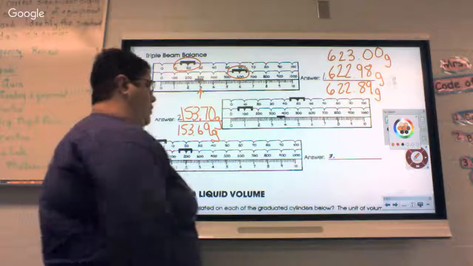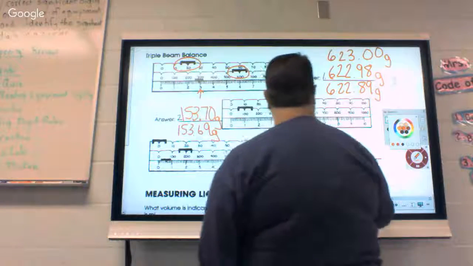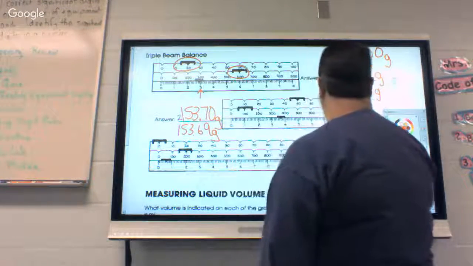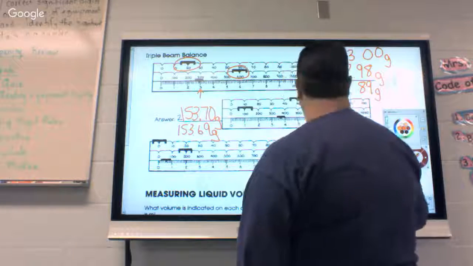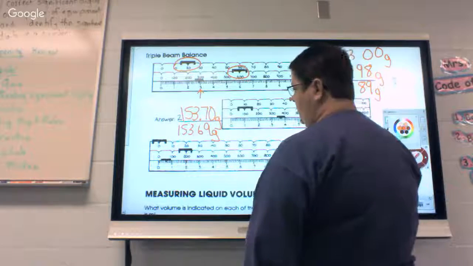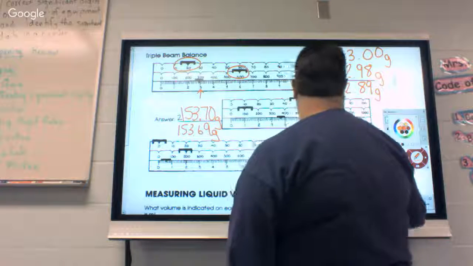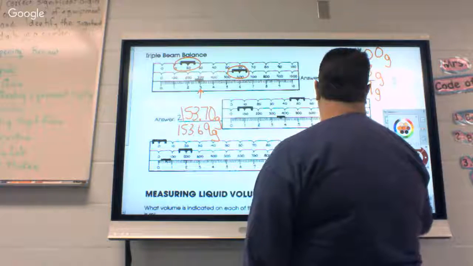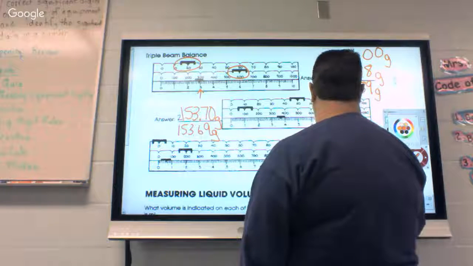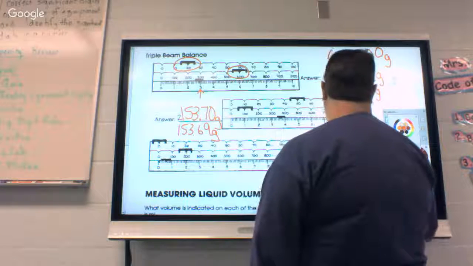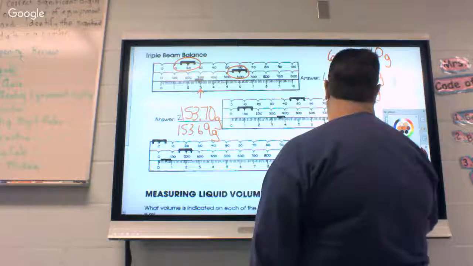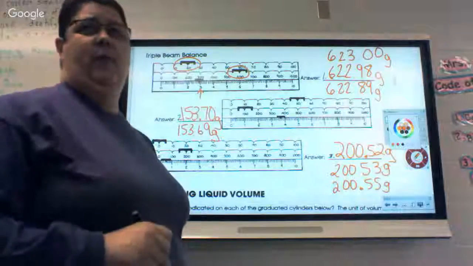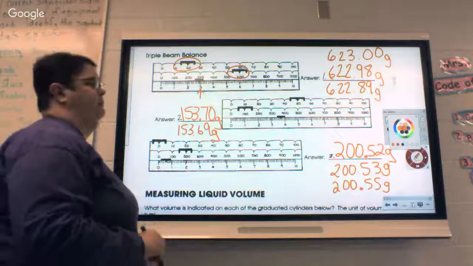What do you have for the first one? Bottom one, point. I think it looks like 5, 2, and then I hear 2, I hear 3. I heard a 5, I heard a 1. Again, it's your guess, so any of those are fine. As long as you're in the 200.5 range and you have a number behind it, it is acceptable.